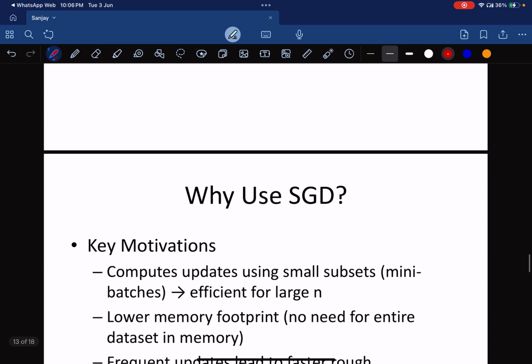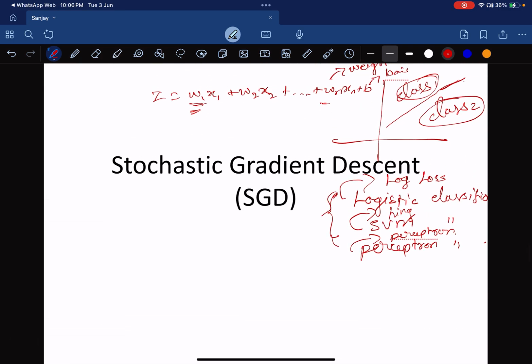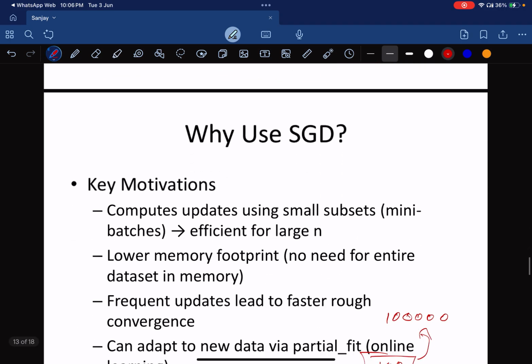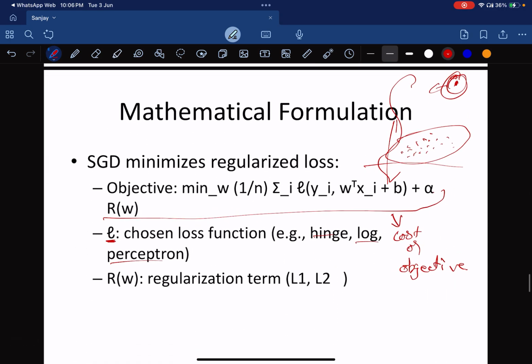I told you that there are three algorithms used by stochastic gradient descent, and it will implement these. So we need to choose this function, which algorithm is being used, or we can say which loss function we are using. And R of w in this equation is called the regularization term. It will solve this type of overfitting problem. There are two types, L1 and L2.